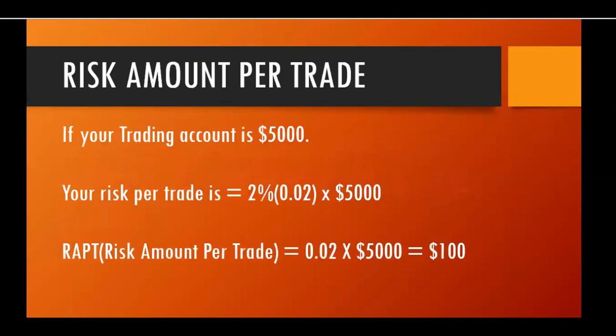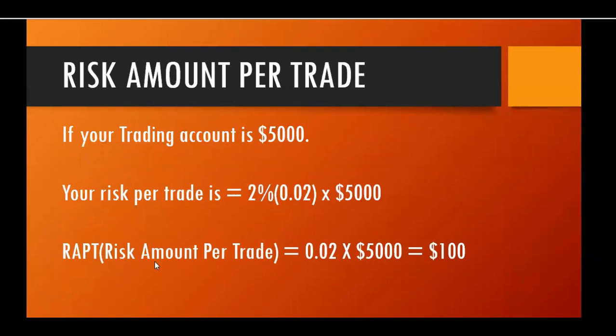Then let's see how that plays out. If your trading account is $5,000, your risk per trade will be 2%. The 2%, if you say 2 divided by 100, you are going to have 0.02, multiplied by $5,000.